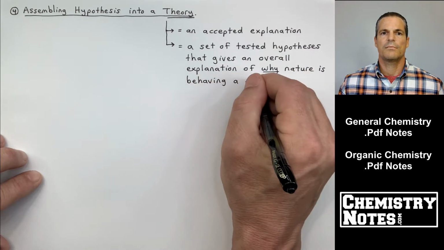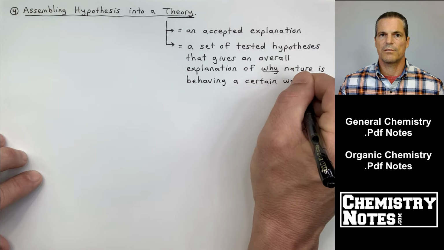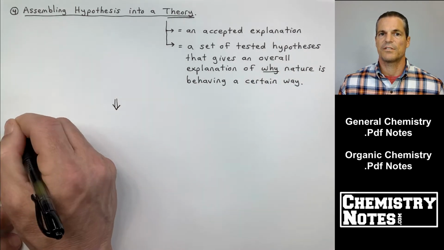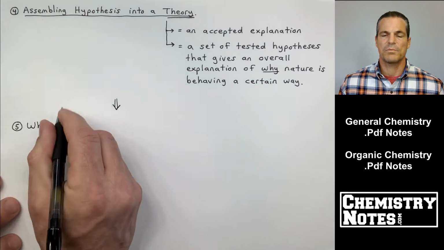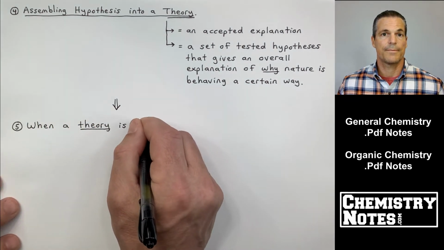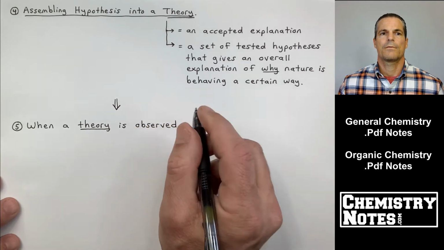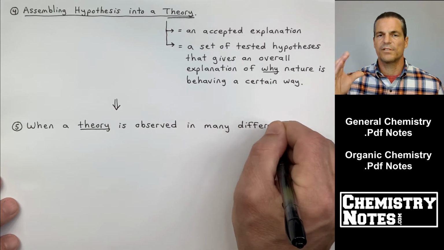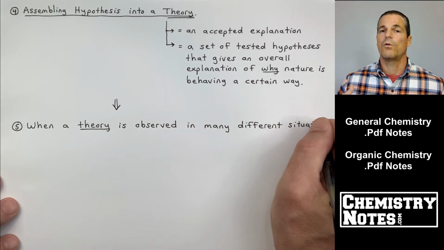So theory, it's an accepted explanation, or it's also defined as a set of tested hypotheses that gives an overall explanation of why nature is behaving a certain way. Okay? So step number 4 morphs itself into step 5 here over time.